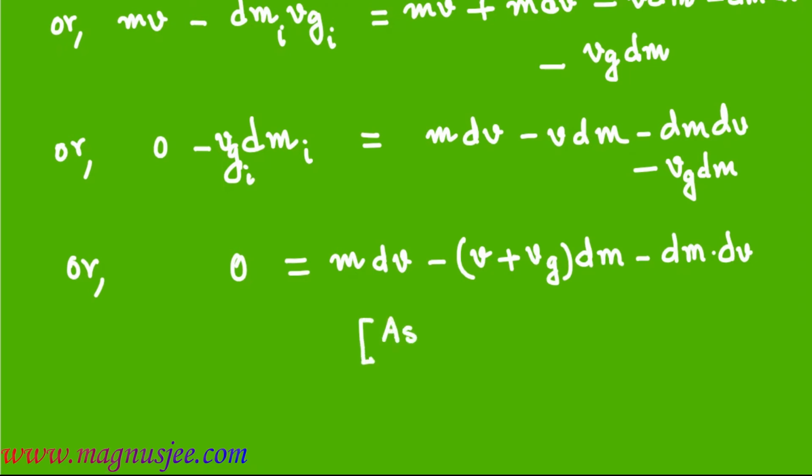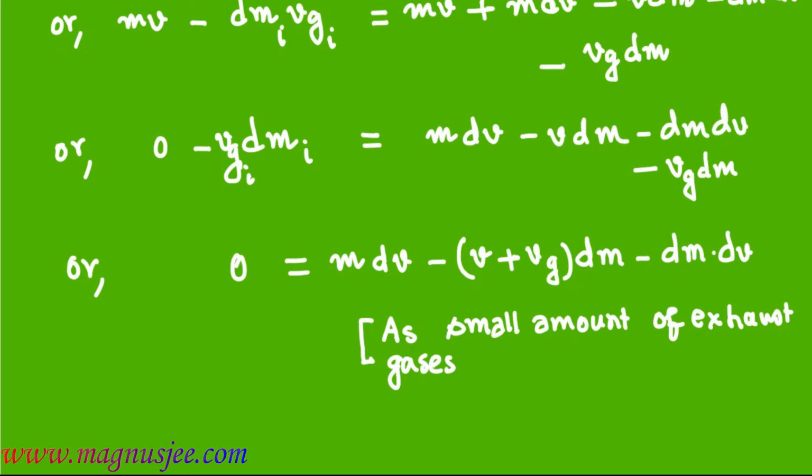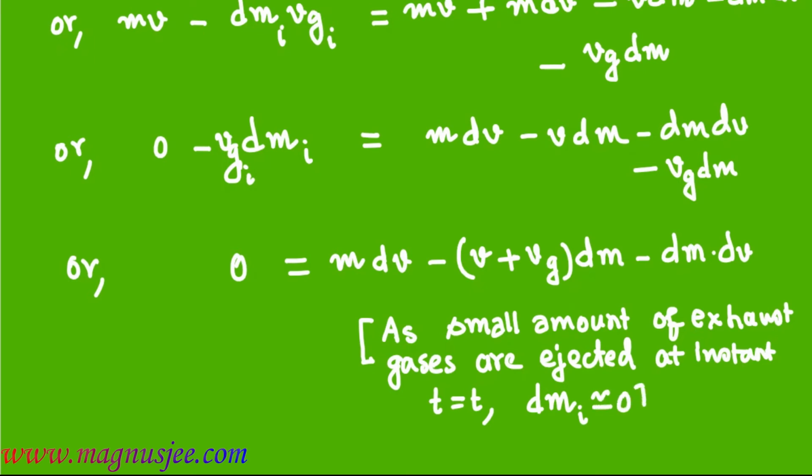Here we can write: a small amount of exhaust gases are ejected at instant t equal to t, so the mass of the exhaust gases at that instant, that is dmi, can be assumed as approximately equal to 0.